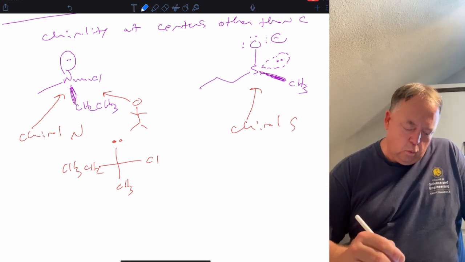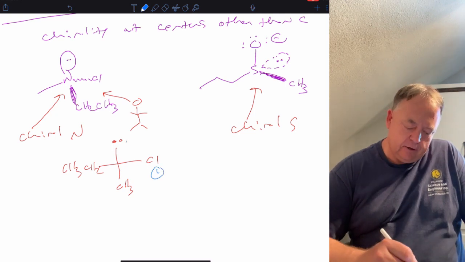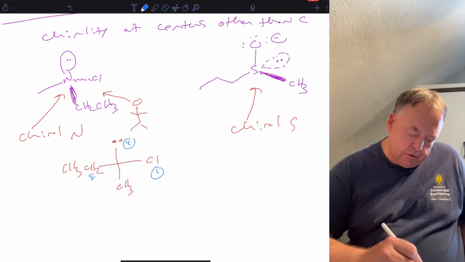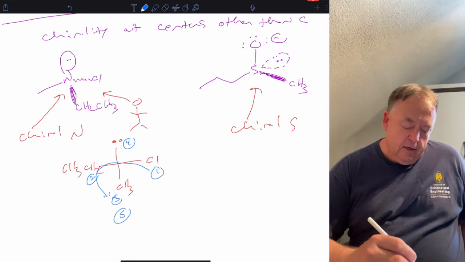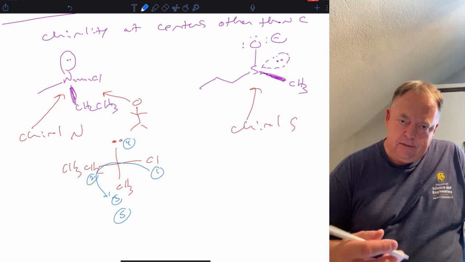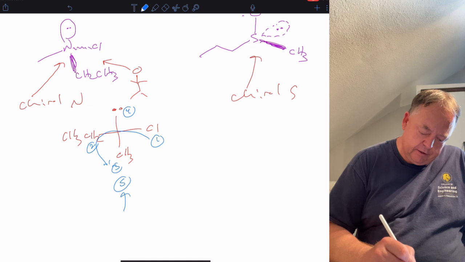And so which of these has the highest mass is a chlorine. What has the lowest mass is electrons. So it's going to be number 4, and then the ethyl is number 2, and the methyl is number 3. So 1 to 2 to 3 is counterclockwise, that would be S. Number 4 is in the vertical position of the Fischer projection, so the arrow stays. So this would be the S isomer. So that's your answer.